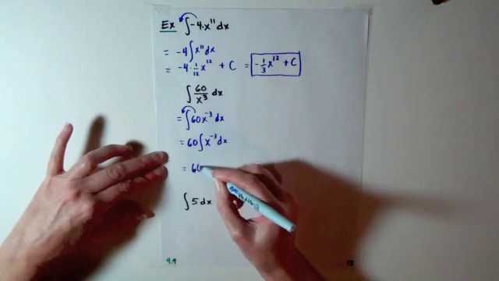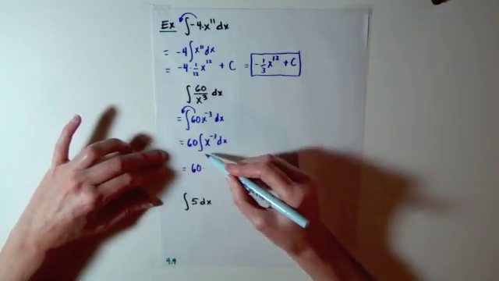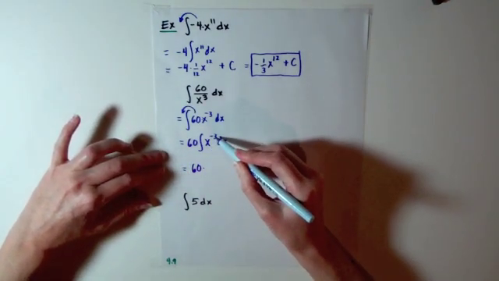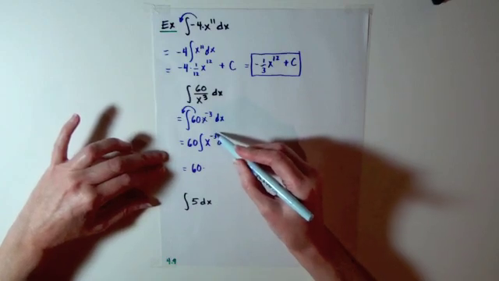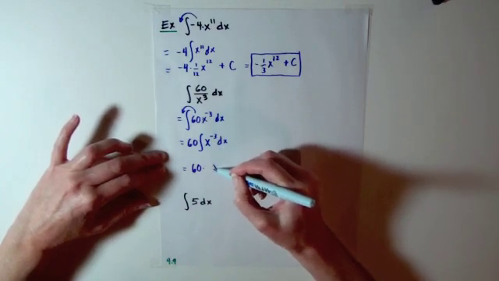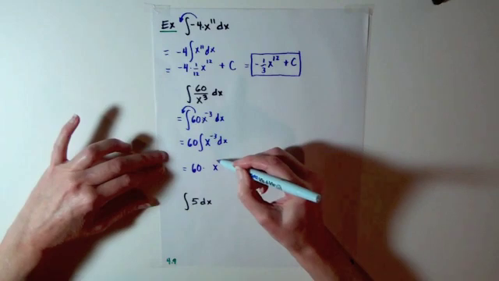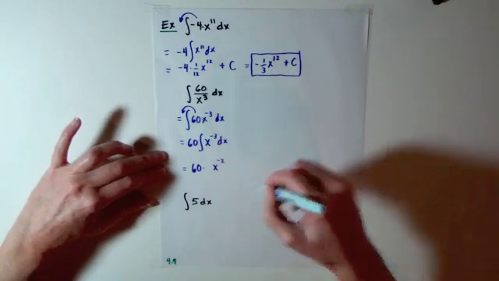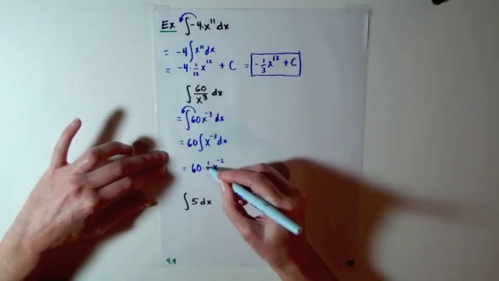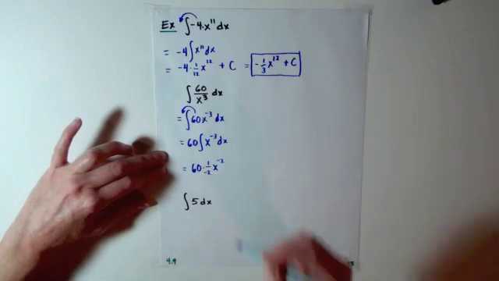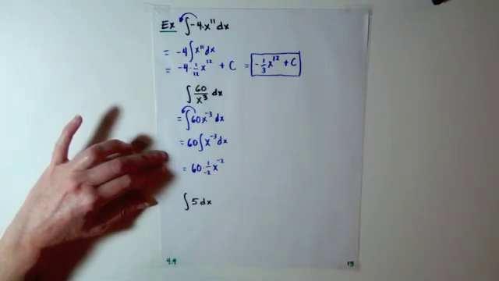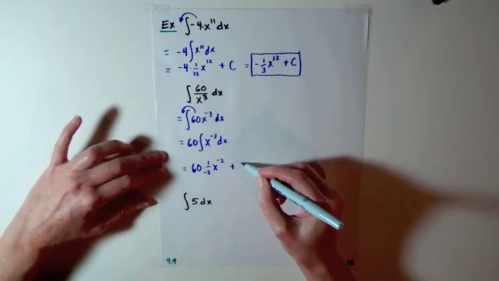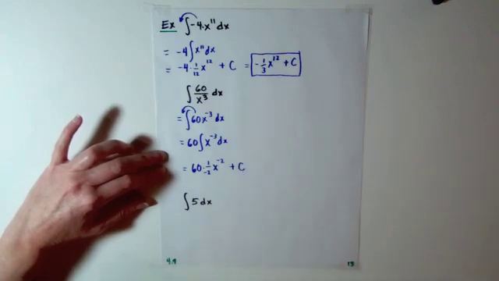And so now all I have to do is use my power rule on this part of it, x to the negative 3. Remember, we're adding 1 to the exponent, so negative 3 plus 1 would be a negative 2. And then I need the reciprocal of that new power out in front, so I need a 1 over negative 2 out in front. And then I have to remember to add on my integration constant.